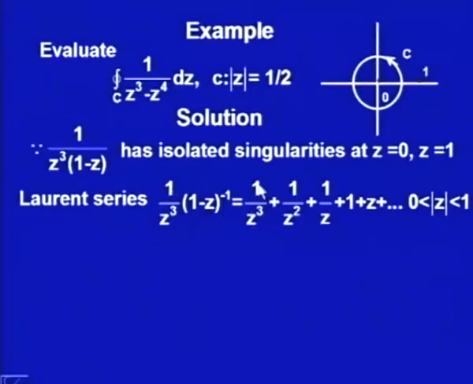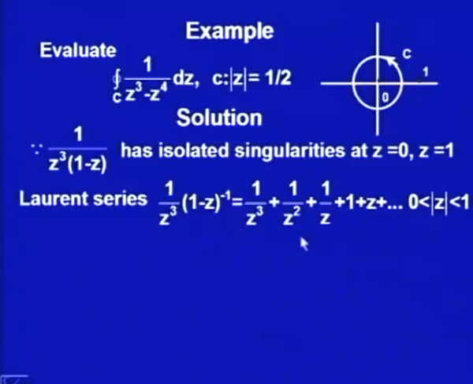So I would get 1 upon z cube plus 1 upon z square plus 1 upon z plus 1 plus z and so on, and this expansion is valid for all z with mod z lying between 0 and 1. That is the disk containing my contour, and the singularity is inside that contour.